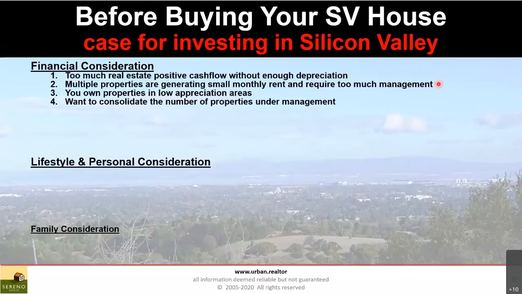Basically, you want to take all those properties and consolidate them into a single property, which is typically possible. So let's say we have a few homes in Tennessee. I can sell 3 properties, take that money and buy a more expensive property in Silicon Valley. So I got rid of the hassle of managing multiple properties.